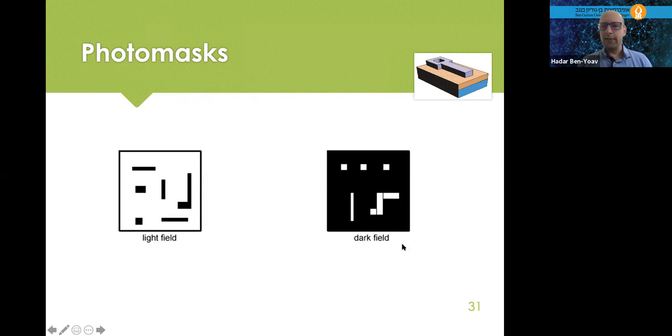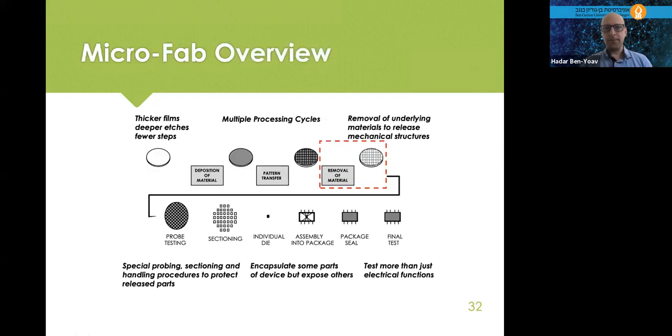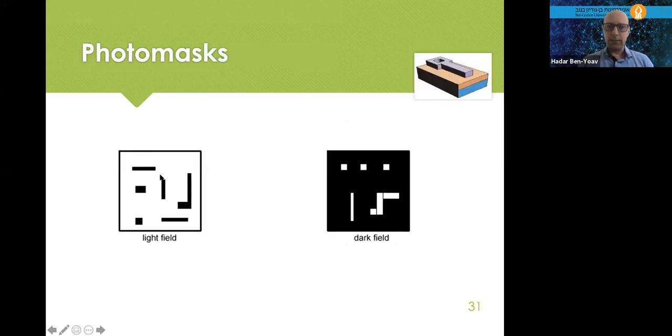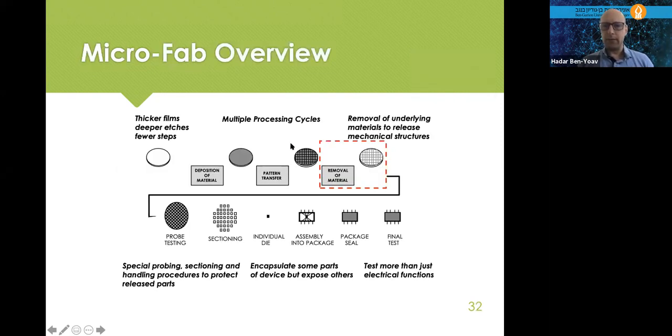Or there is the dark field, where most of the areas are dark so light cannot go through, and only the features that you want are transparent. So we have light field and dark field types of masks. That is how we are able to pattern the features that we want onto the substrate itself.